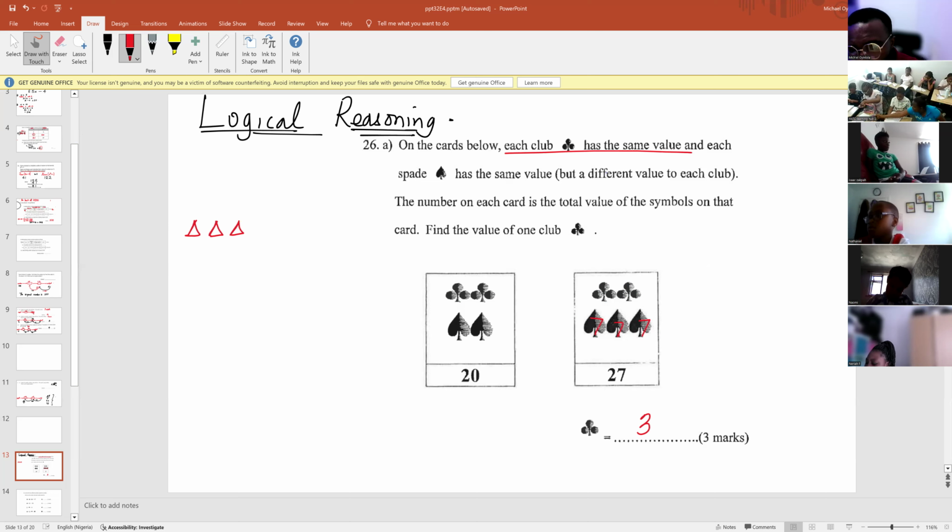Isabella, add the 7s together, what do you get? 21. 21 from 27, what is left? Oh, I get it now.